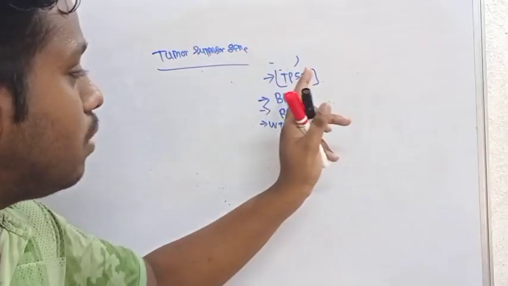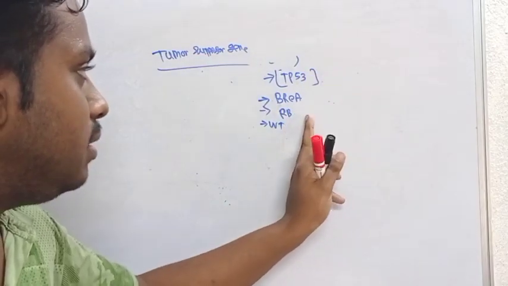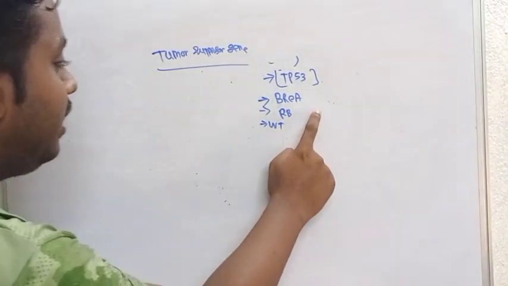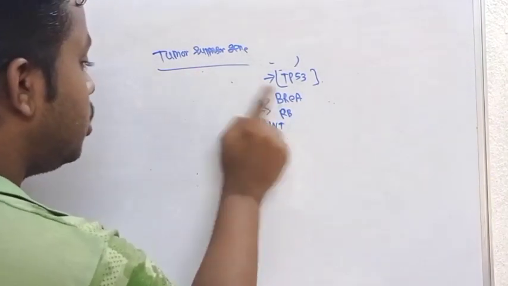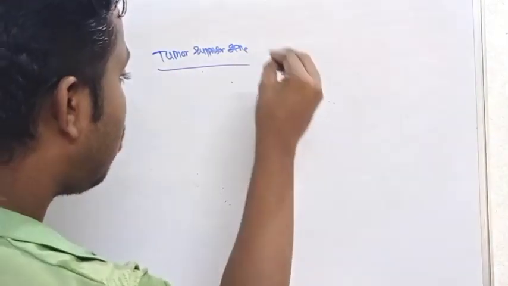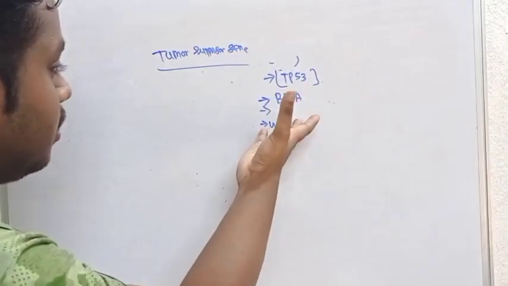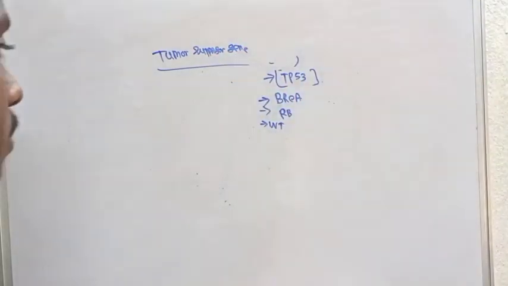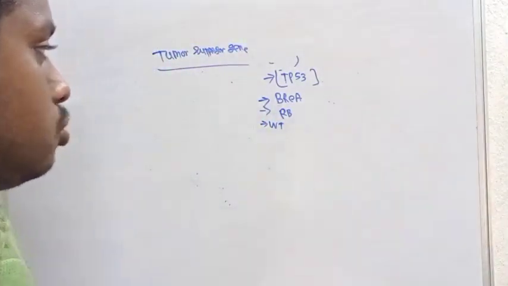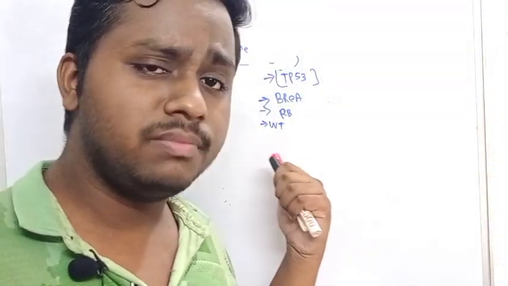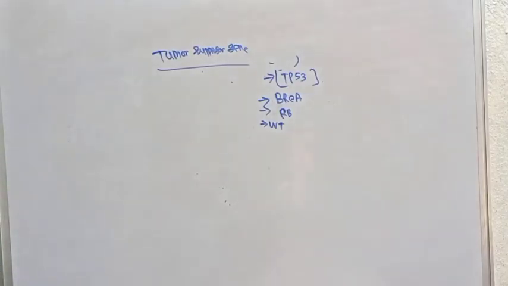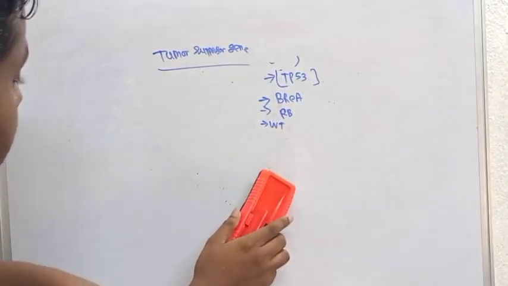The main tumor suppressor genes are TP53 and RB. RB, the retinoblastoma gene, is the first discovered tumor suppressor gene. If it is mutated or altered, it leads to retinoblastoma. If the BRCA breast cancer gene is mutated, they develop breast cancer. The most important is TP53.